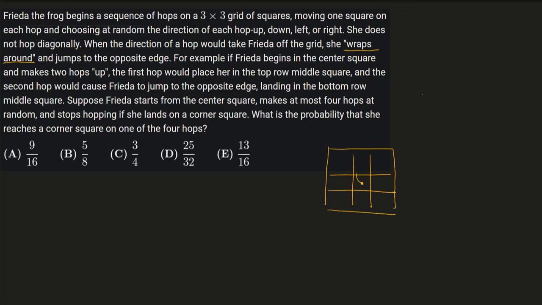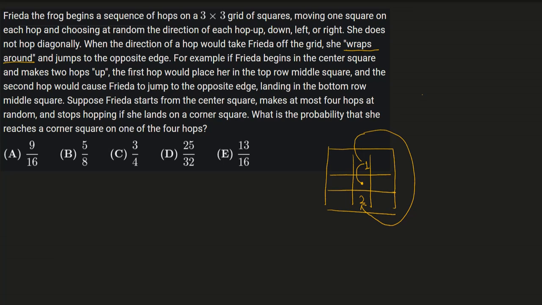The first hop will land her in here, in the upper row middle square. And the next hop, she will jump out of the grid and then wrap around and re-enter the grid from the bottom middle square. And this is where she lands.